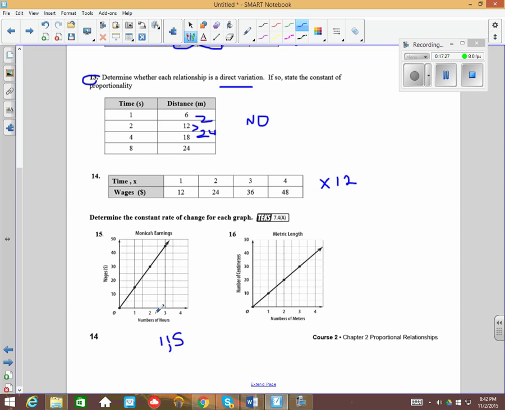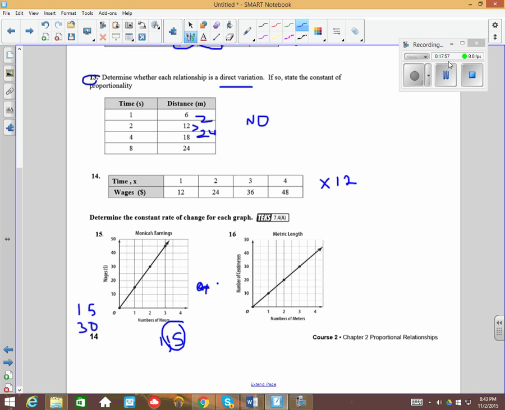It looks like it's going every 15. And then what's 15 plus 30? 45, so the constant rate of change is 45. Not 45, 15, I'm sorry, because you're changing it by 15 each time.